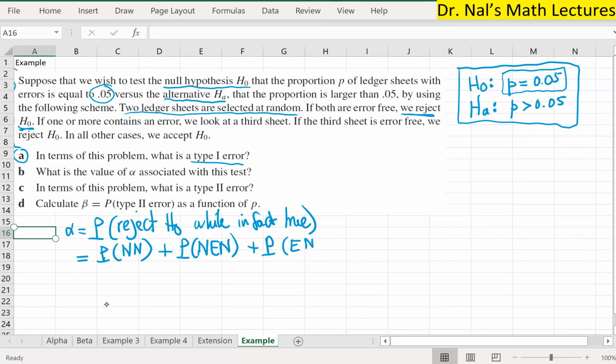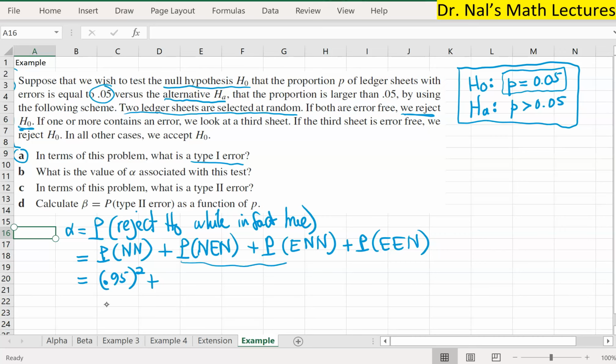Now let's calculate these probabilities given that in fact the null hypothesis was true. The first one is, if the null hypothesis is true, the probability of having an error is 0.05. So the probability of having no errors is 0.95, and we need to square it because we have two no errors. No error, error, no error.